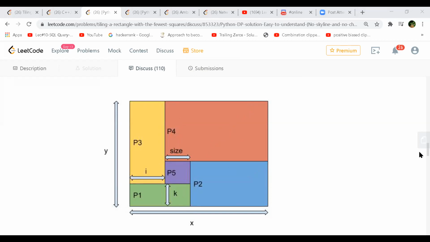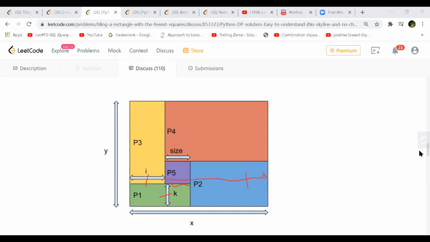Because we play with this K and this I, that is what is important for us. So we expand K and I. I will go from here all the way to here. Maybe we just keep some of these, whatever that center square size will be.